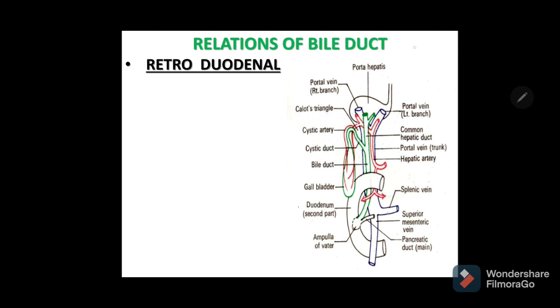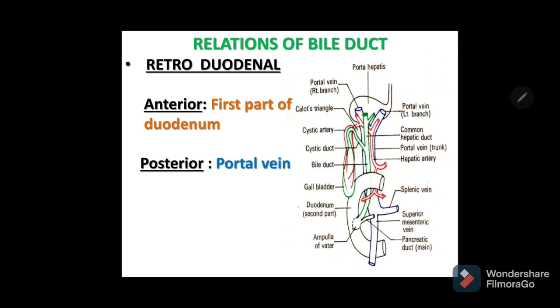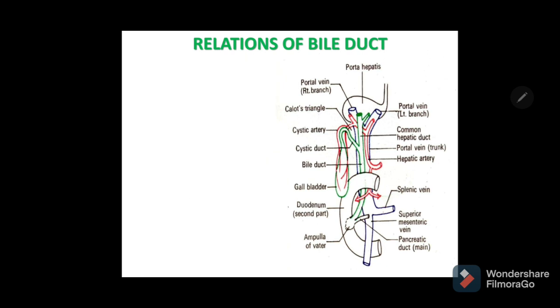Retroduodenal part, anteriorly you see the first part of the duodenum, posteriorly you will see the portal vein, and to the left side you will see the gastroduodenal artery.